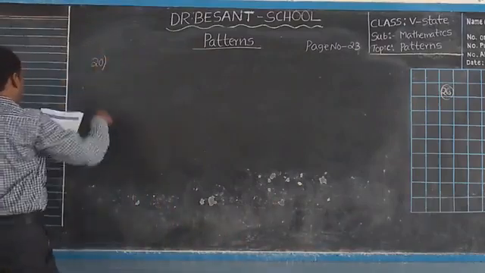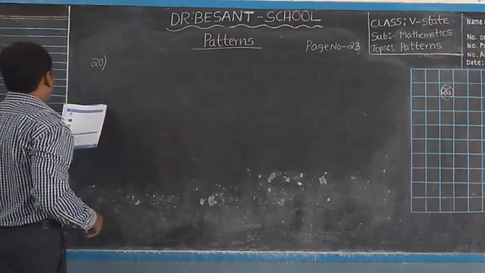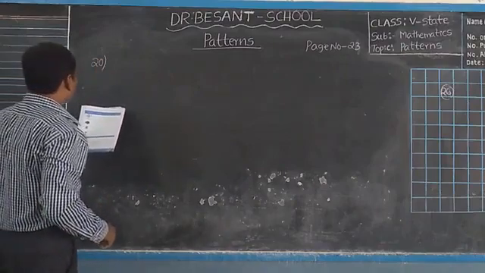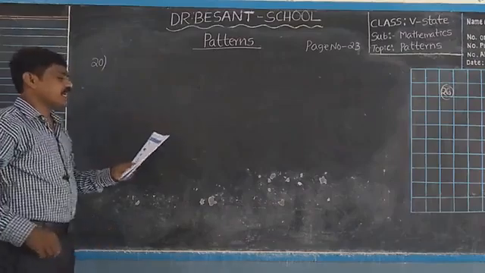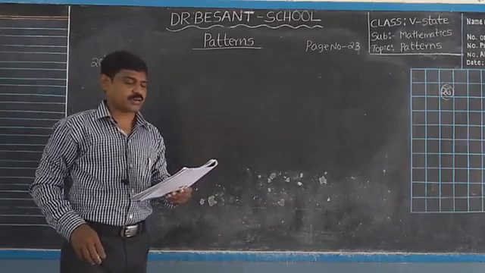Twentieth question. Complete the table to show how the shape will look after the given number of turns in the clockwise direction. Okay.